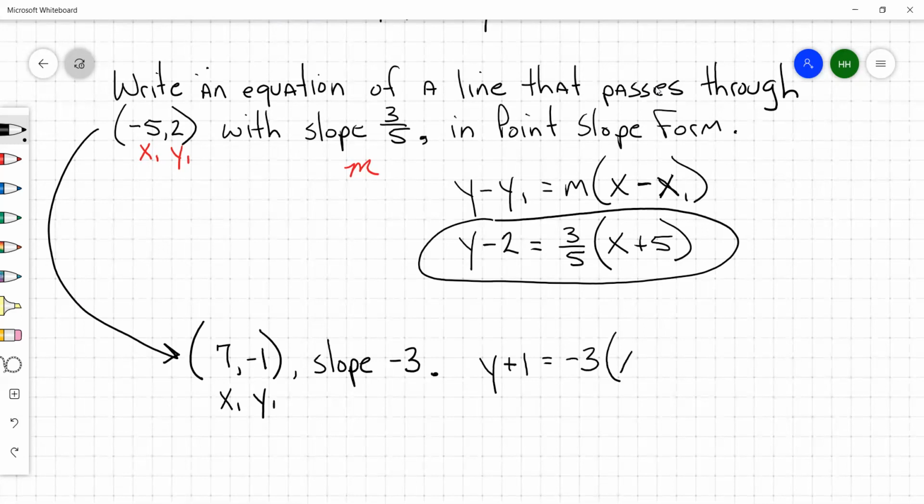Left parenthesis and the letter x. And then the opposite of our x value. So what's the opposite of our x value? Negative 7. Good. There's your equation in point-slope form. And that's when you're given the point and you're given the slope. Any questions on that? Kind of like plug and play.